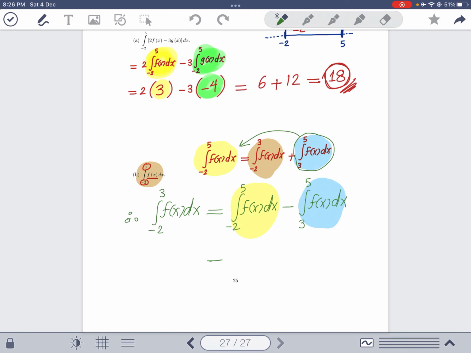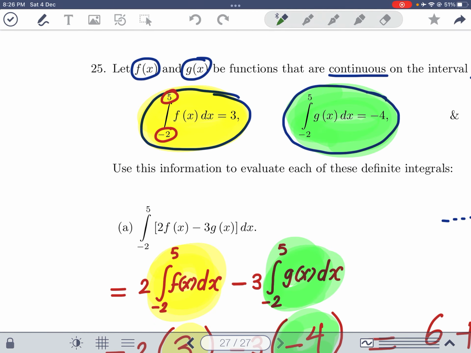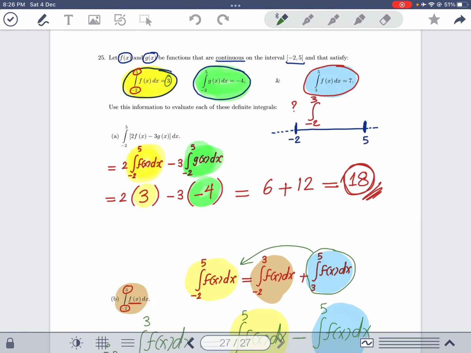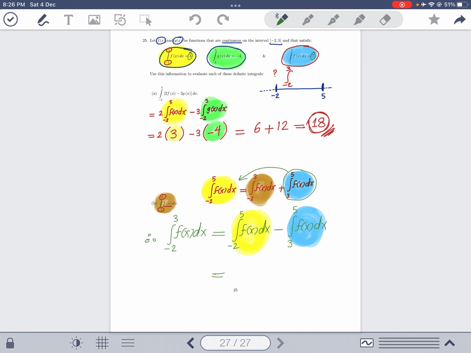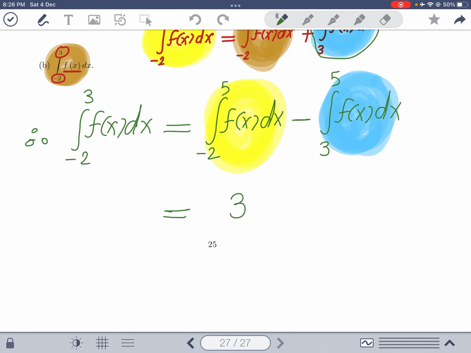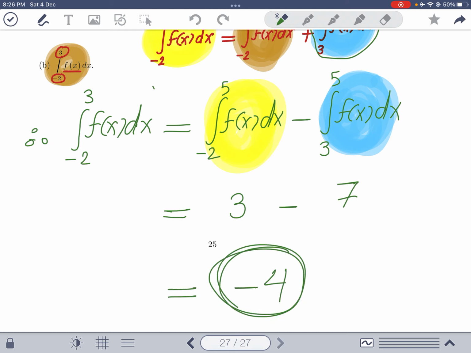So this is equal to, the yellow was given to be 3, and the blue is 7. So this is 3 minus 7. So the answer to the integral from -2 to 3 is -4.